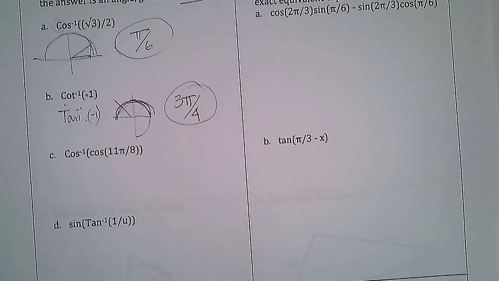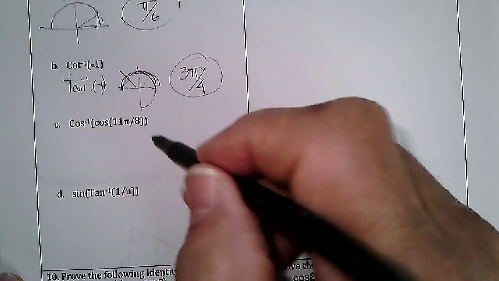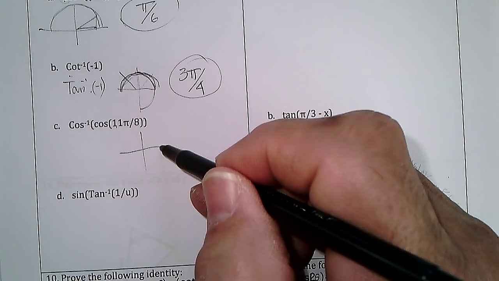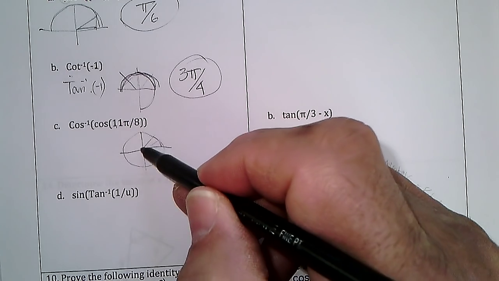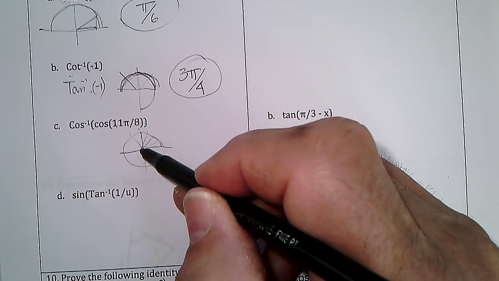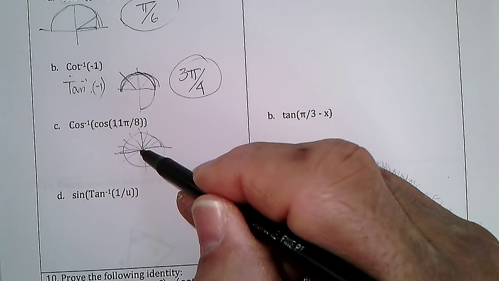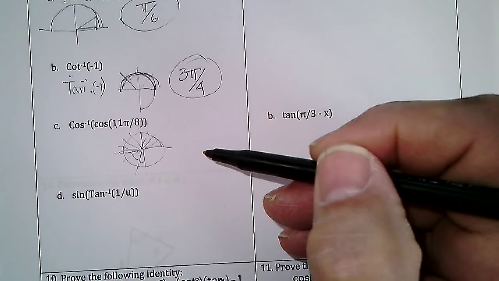Now it says the cosine of 11 pi over 8. Okay, so we've got to go by 8s. So 1, 2, 3, 4, 5, 6, 7, 8, 9, 10, 11. So I'm 1/8 off of here, 3/8 off of there.